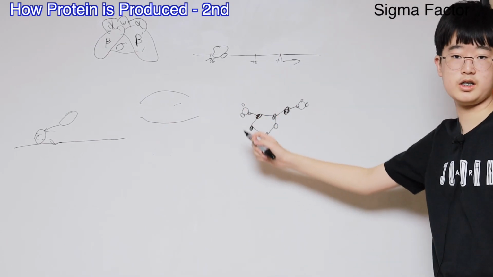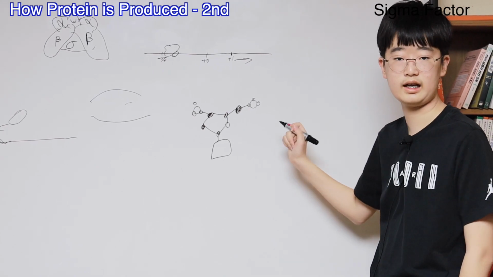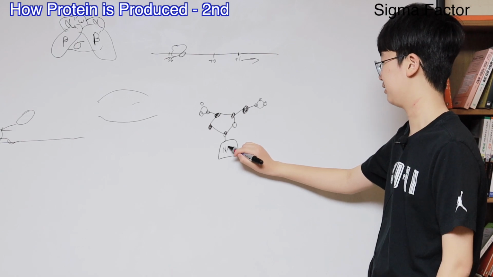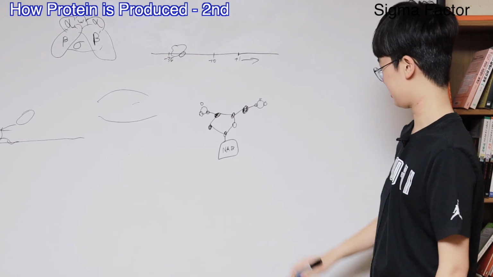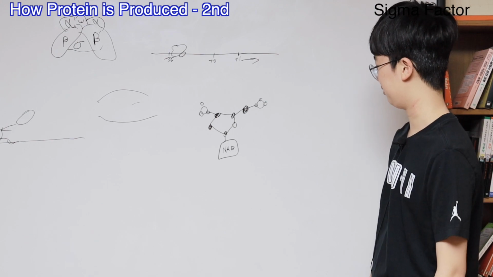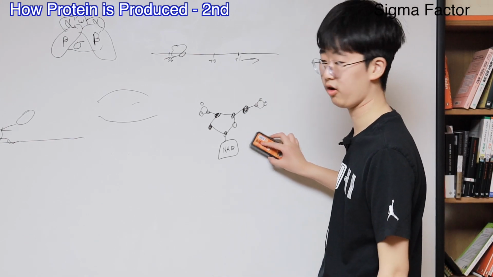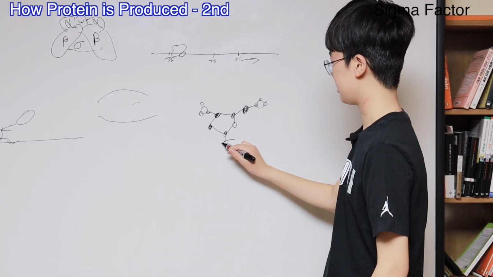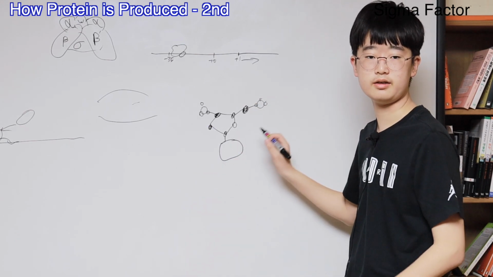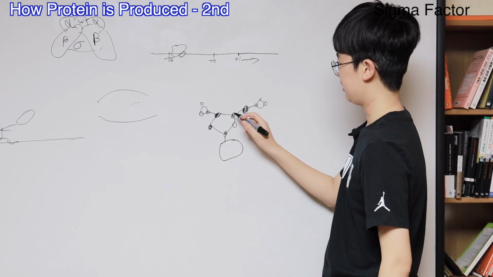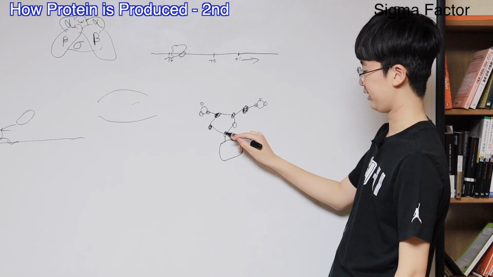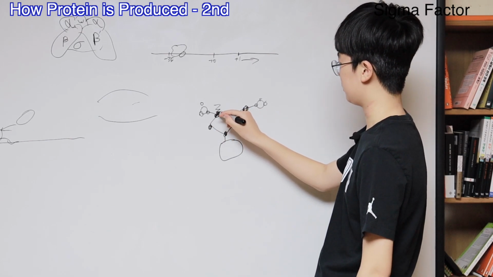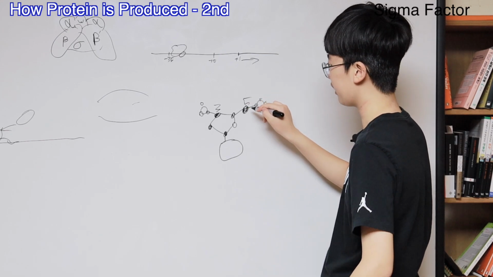This is a minuscule part of DNA, and this is the nucleic acid base. I don't know if anyone calls it NAB, but this is the base. And now we count from here the carbon: 1, 2, 3, 4, 5, and this is the 3 end, and this is the 5 end.